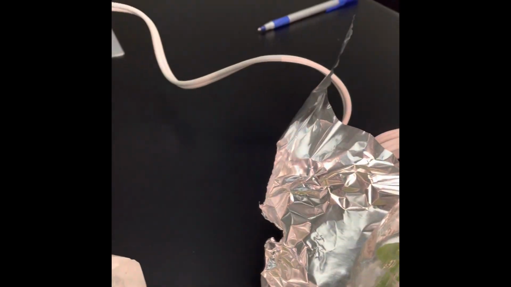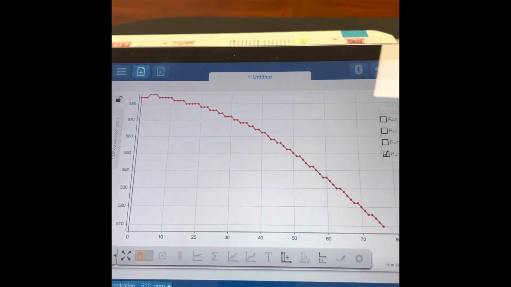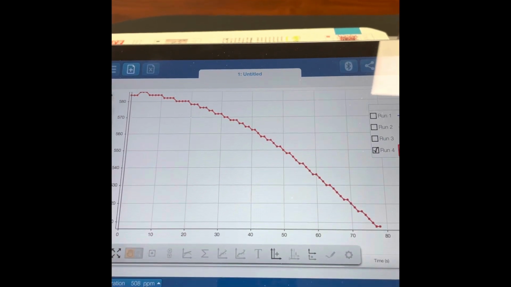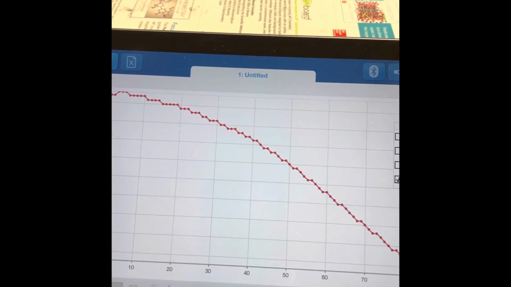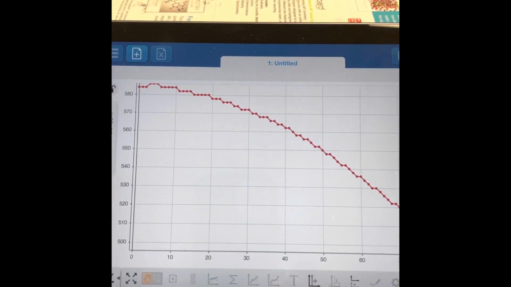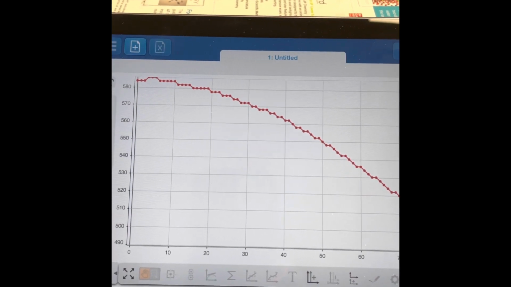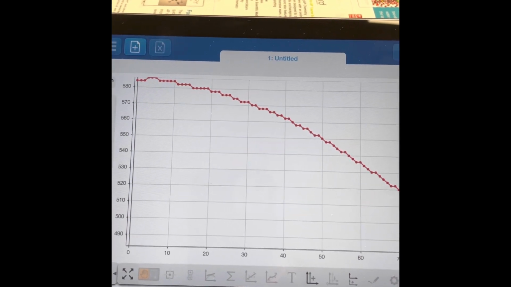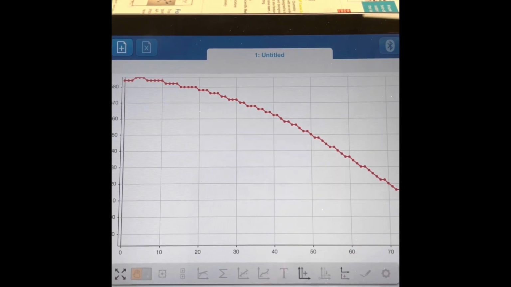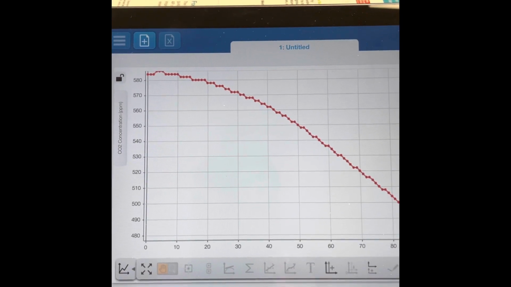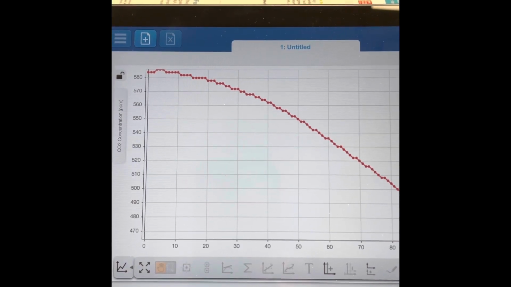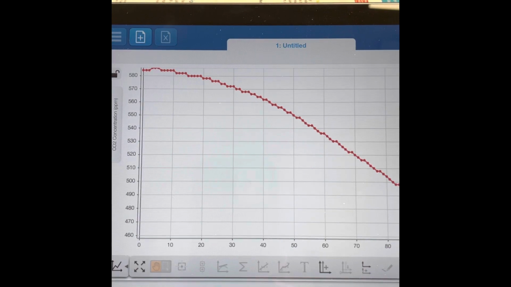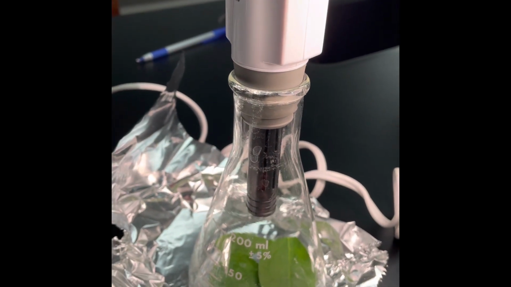Let's take a look at our data. Run 70 seconds. The time is in seconds. So we've gone over a minute. So this is nice and sealed.